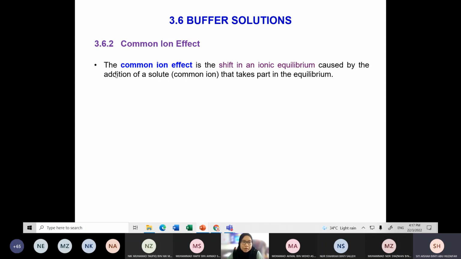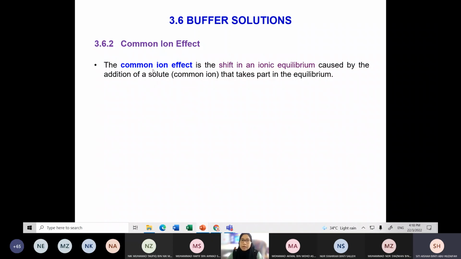Okay, common ion effect. The common ion effect is the shift in an ionic equilibrium caused by the addition of a solute that is a common ion that takes part in the equilibrium. So what is common ion?